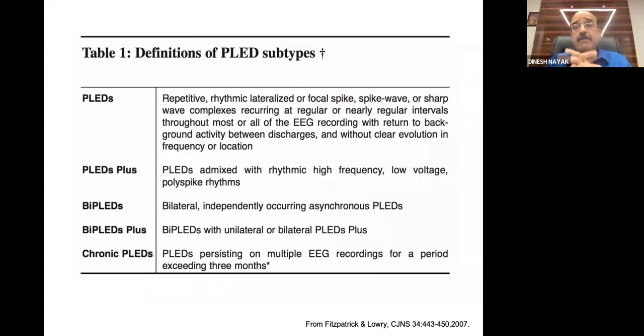Focal spike and wave or sharp wave complexes, that's why this is epileptiform in that sense, at regular or nearly regular intervals throughout most or all of the EEG recording. So if you record for 30 minutes, it need not be there for all the 30 minutes, but it is there for almost the entire recording.